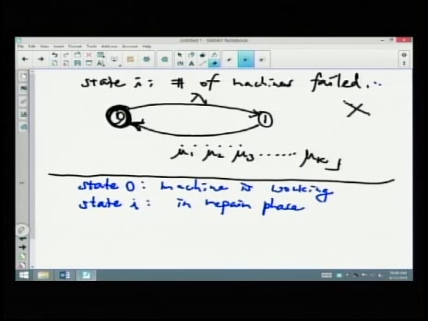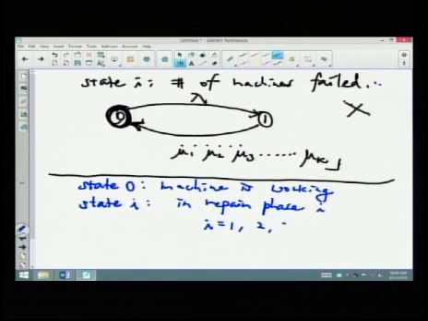Repair phase I. Of course, I can take the values 1, 2, 3, and so on, up to k minus 1 and k. Is that right? So how many states do we have? In total, there are k plus 1 states. Okay? Are you following me?